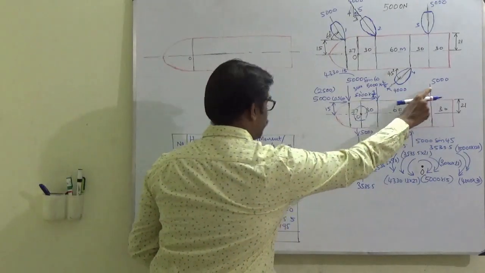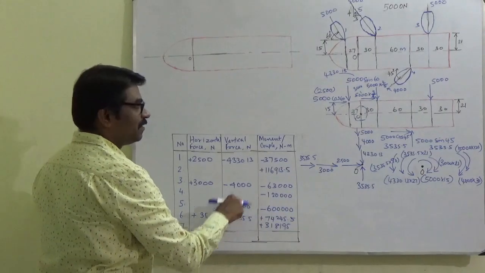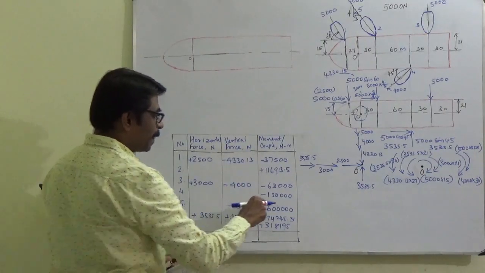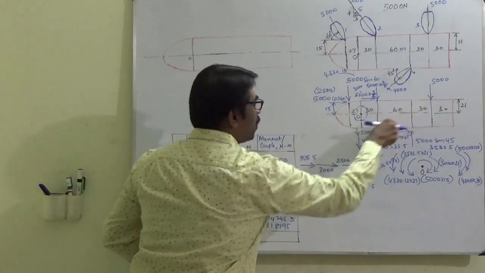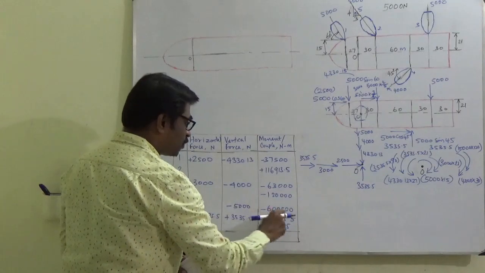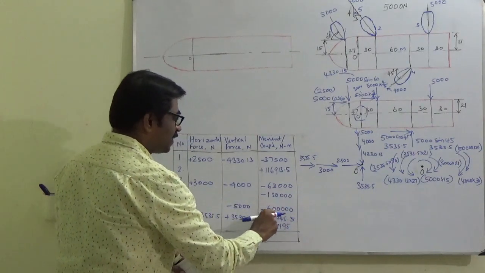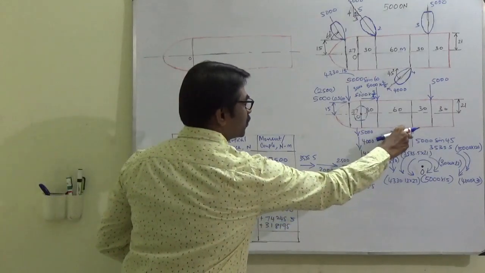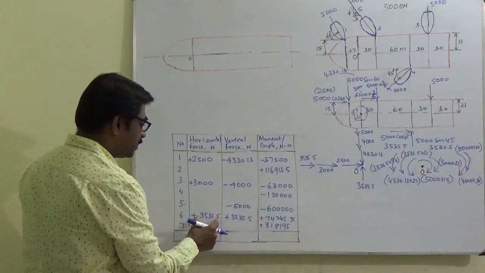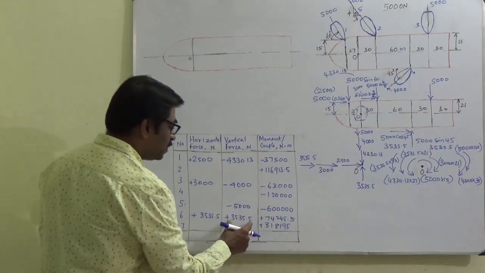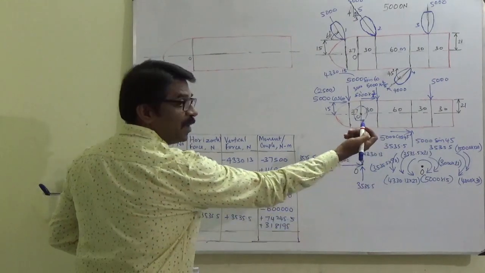And then we have one force, that is 5000 vertical downward, that is why these are negatives, and we have one moment by this 5000 Newton force. And then these two forces are there, horizontal positive, vertical positive because it is upward.